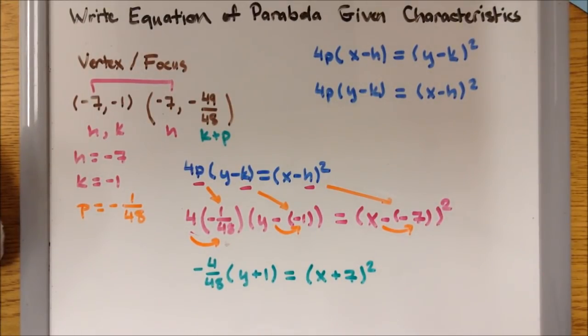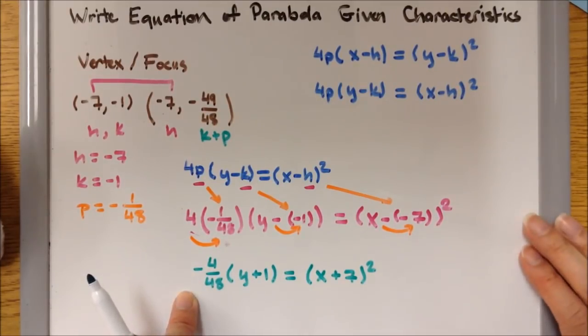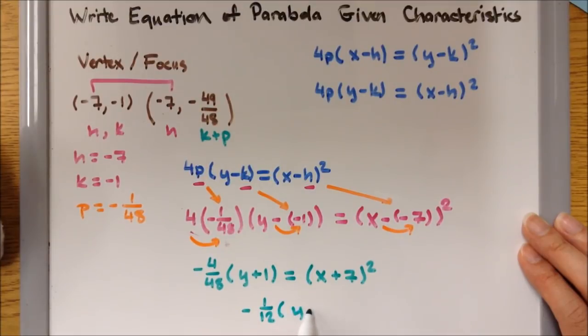Now, I'm still not finished because I can still simplify negative 4 over 48, which will become negative 1 over 12, and then everything will stay the same. So negative 1 over 12 times (y plus 1) equals (x plus 7) squared.